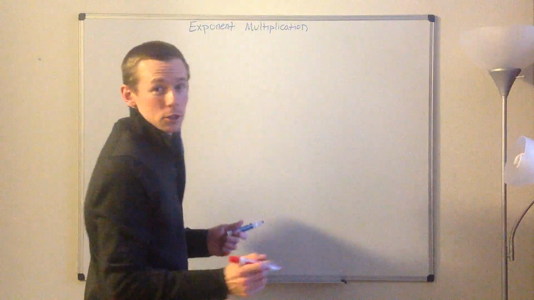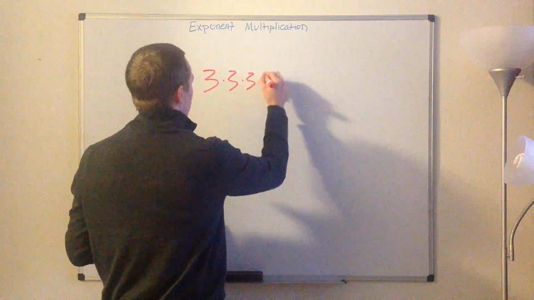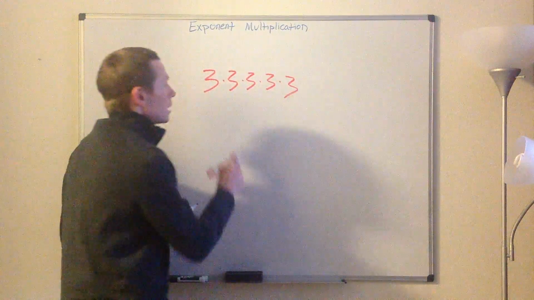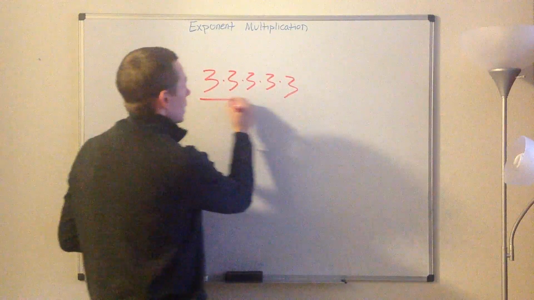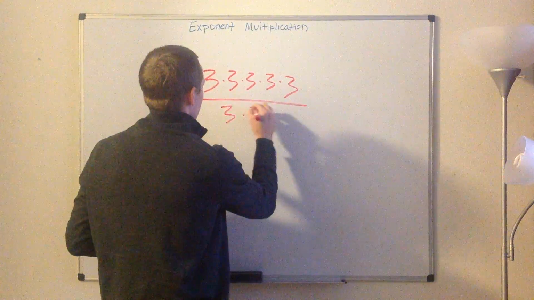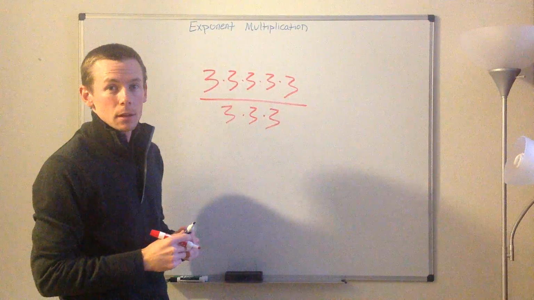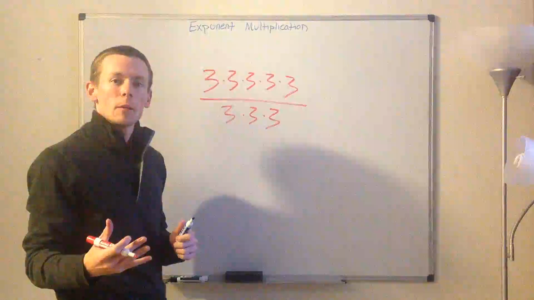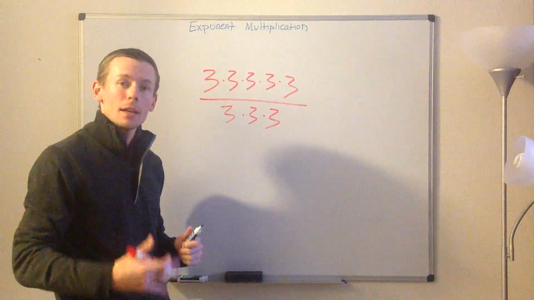Let's look now at division. So let's say we have 3 times 3 times 3 times 3 times 3, and we divide it by 3 times 3 times 3. Well, what is 3 divided by 3? It becomes 1, and anything times 1 is itself.